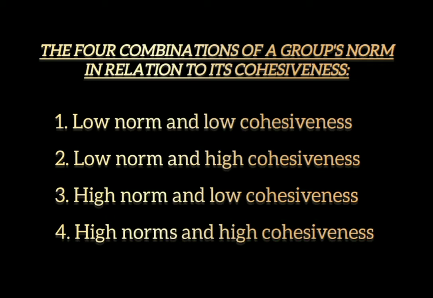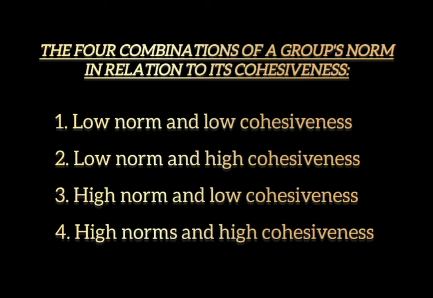Low norm and high cohesiveness is typical in a workplace. An example would be a group that gossips together and actively fights against management, a group with high camaraderie and low structure. High norm and low cohesiveness: this group has a small degree of positive impact through individual member accomplishments.